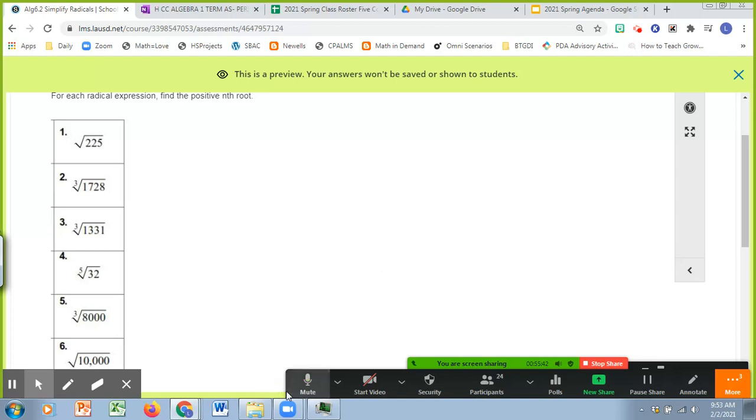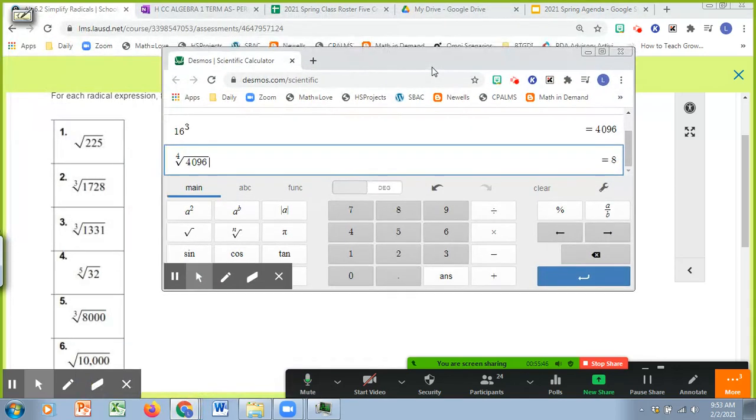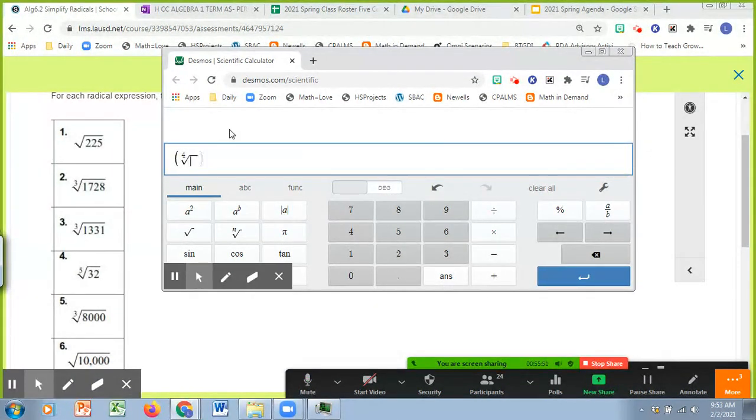Number 3. Okay, so in your calculator, you're just gonna get the cube root of 1331. There you go. Does that make sense? You can take a tissue box with you.